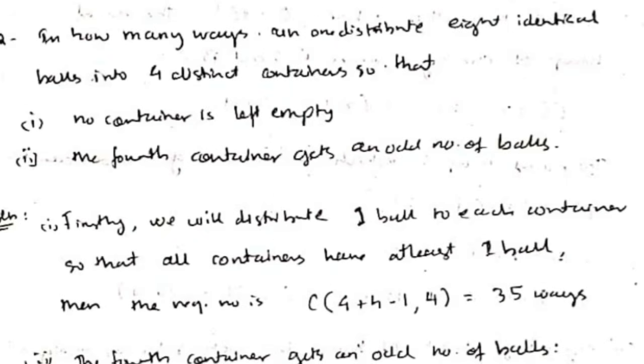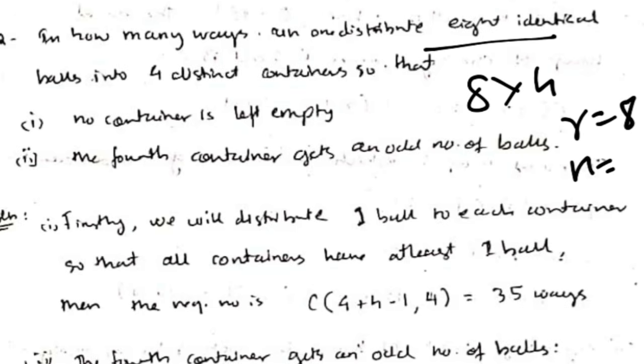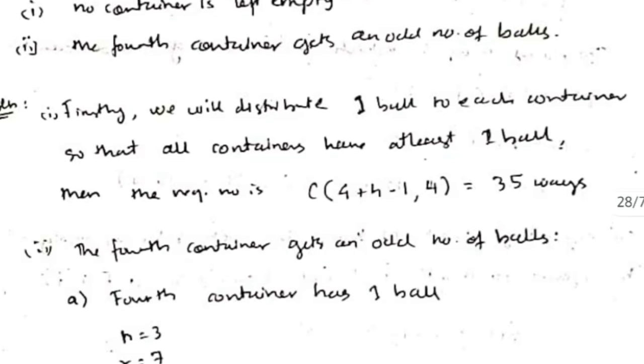In how many ways can we distribute 8 identical balls into 4 distinct containers? So 8 is greater than 4, so r is equal to 8 and n is equal to 4. Now since we got this, we have to apply the formula. In the first case, they have asked us to find the number of ways when no container is left empty. That means each container should be filled with at least one ball.